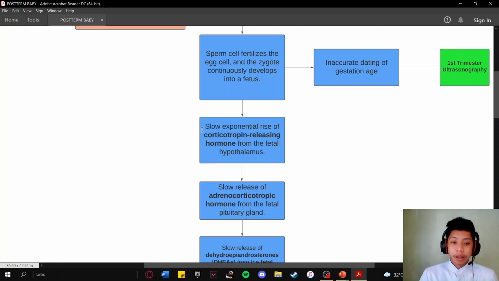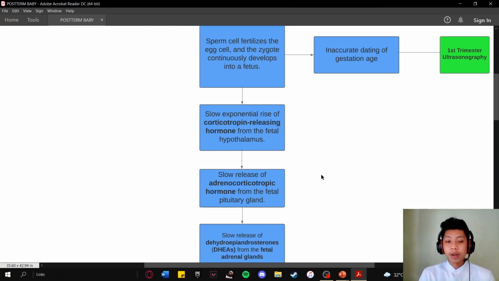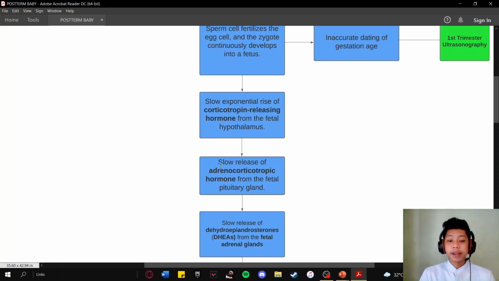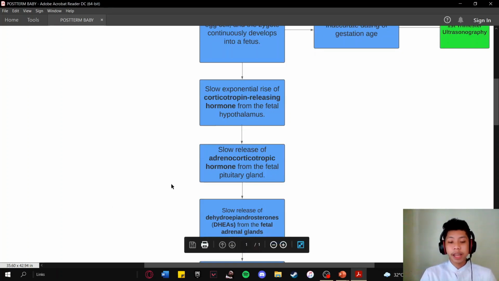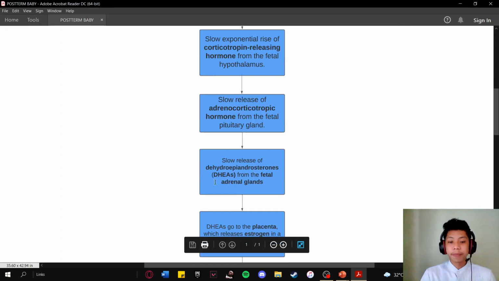The fetus will have a slow exponential rise of corticotropin releasing hormone from its hypothalamus, and when there is a slow rise of corticotropin releasing hormone, there will also be a slow release of ACTH. And then there will also be a slow release of DHEAs, or dihydroepiandrosterones, from the fetal adrenal glands.